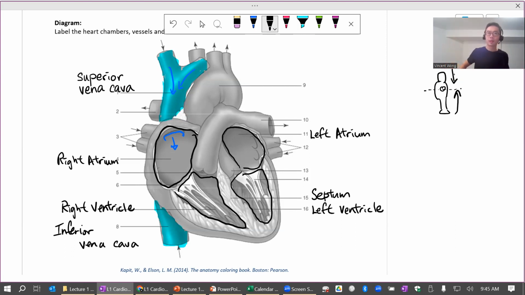So these are bloods coming up from your kidneys, from your hepatic veins, things from the lower part of the body, and they will return to also the right atrium.